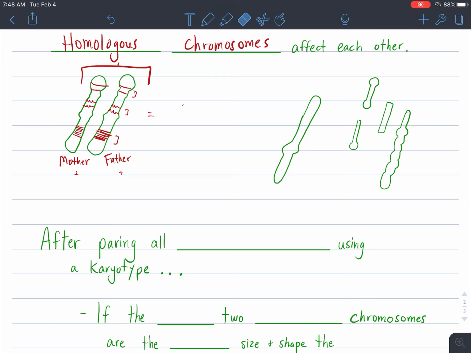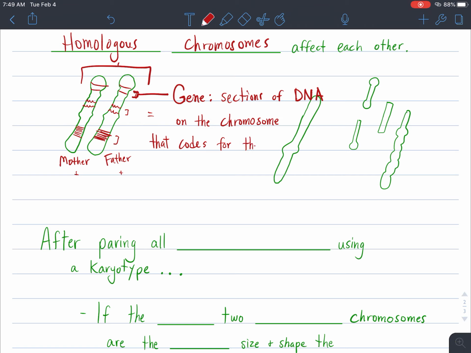So let's define gene real quick. So a gene, all of these things here are our genes. And genes are sections of DNA on the chromosome that codes, like computer programming, but it codes for the organism's traits.